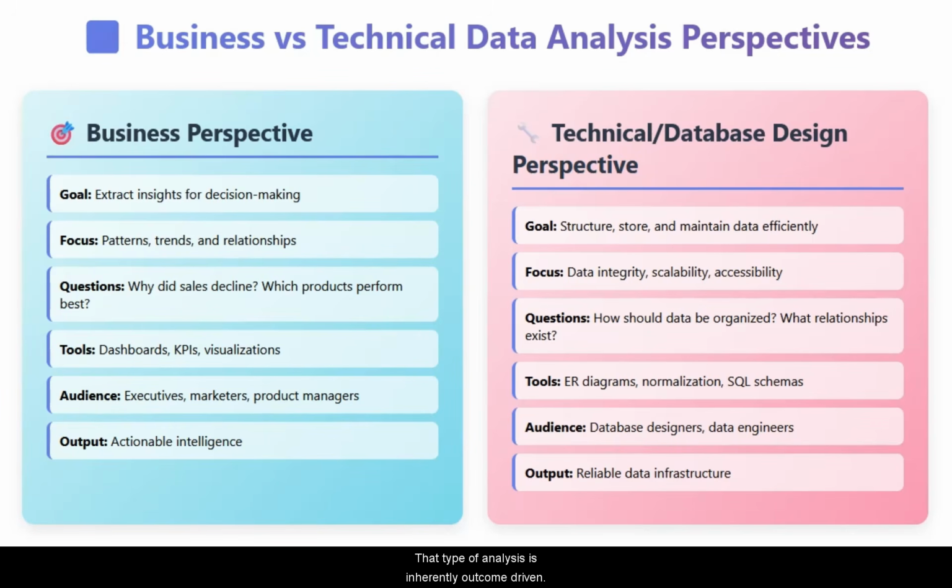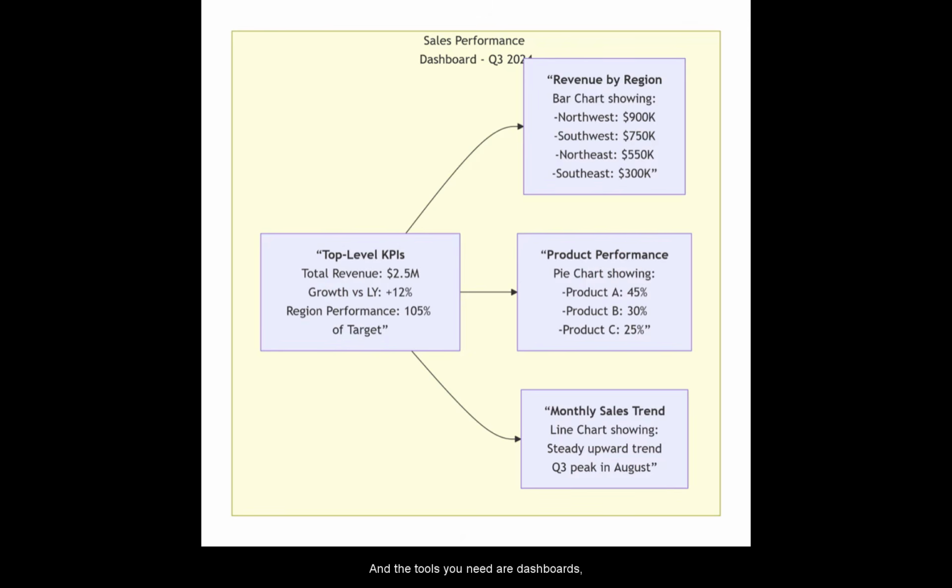That type of analysis is inherently outcome driven. It aims to support marketing strategies, operational improvements, or financial forecasting. And the tools you will need are dashboards, key performance indicators, popularly called KPIs, and data visualizations that you will use to communicate findings to stakeholders.